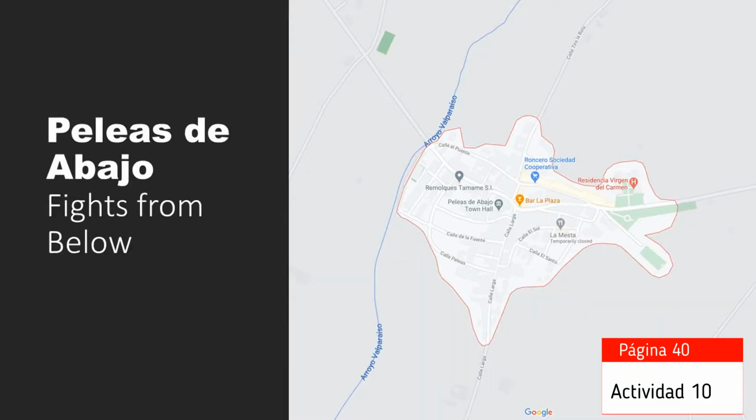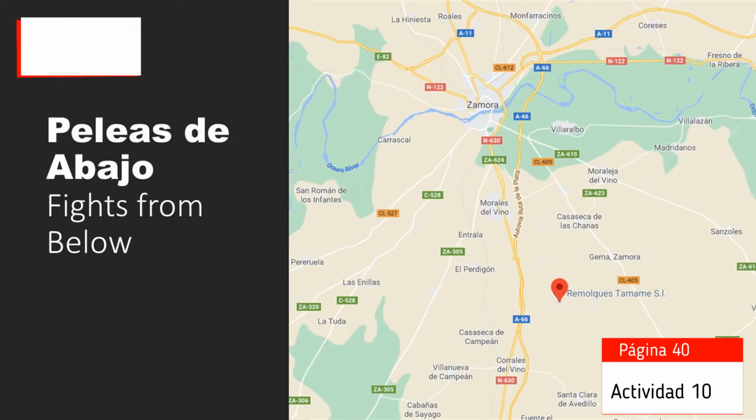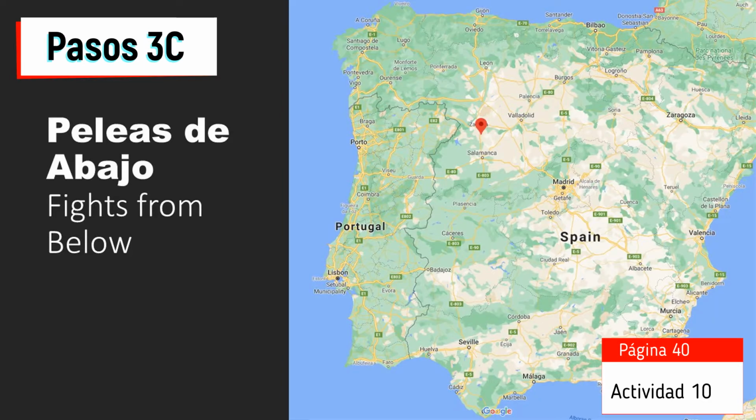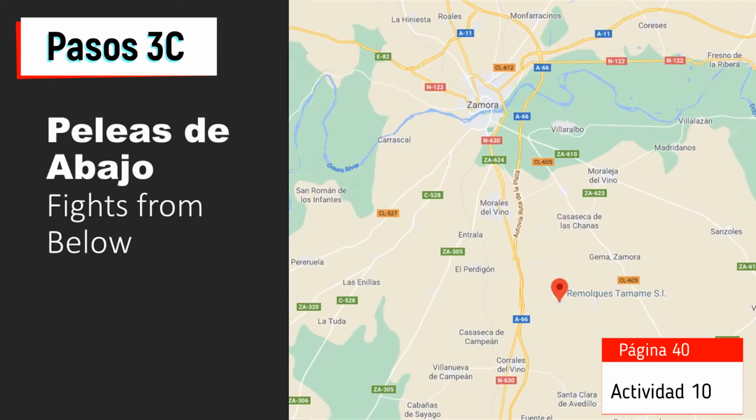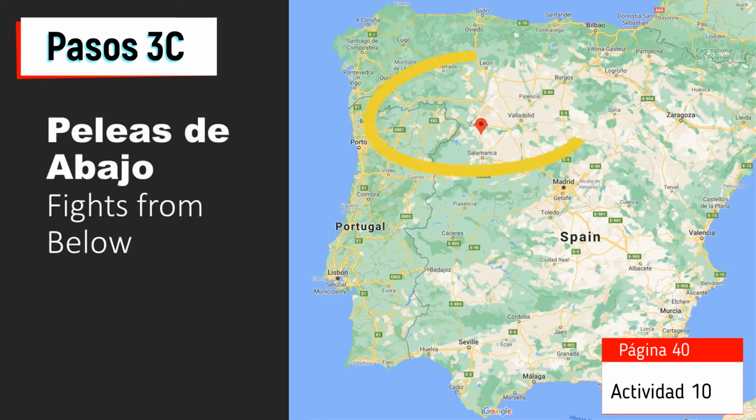Okay, so we have peleas de abajo, which means, peleas means fights, and de abajo means from below, so fights from below, peleas de abajo, and you'll see that is cerca de Zamora in Castilla y León.